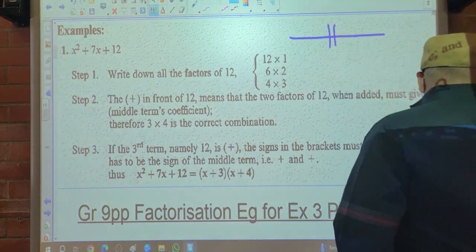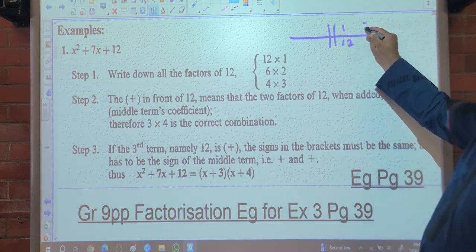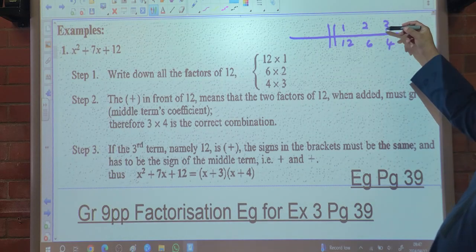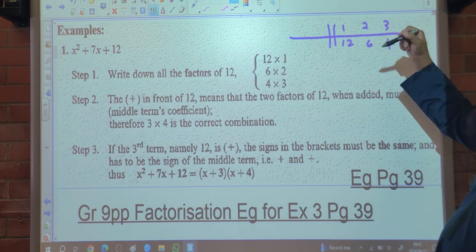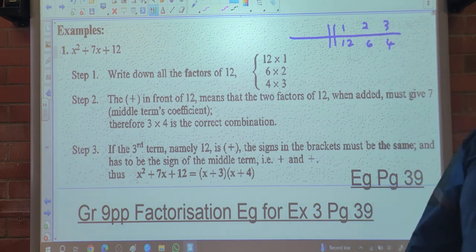On the right hand side of the bar, I write the factors of the constant. Okay, what's the constant term here? 12. What are the factors of 12? 1 and 12, 2 and 6, 3 and 4. 4 and 3 is the same as 3 and 4, 6 and 2 is the same as 2 and 6, and 12 and 1 is the same as 1 and 12.